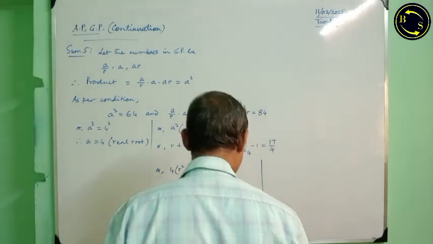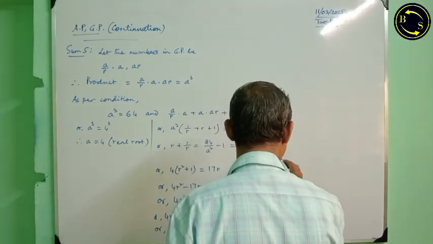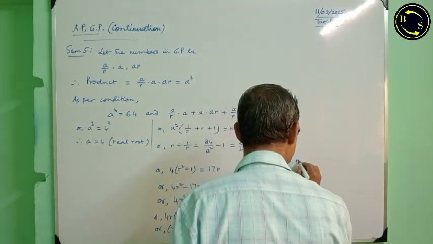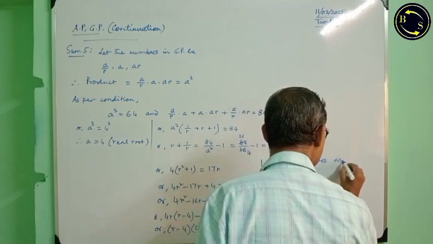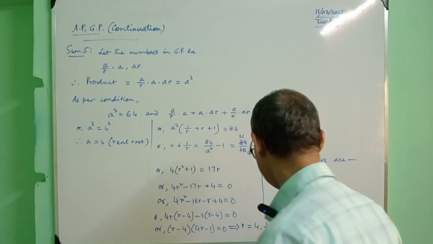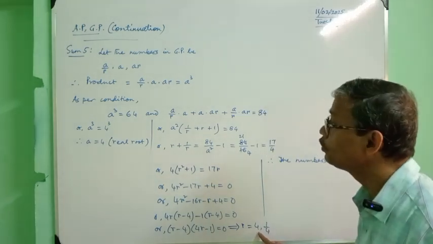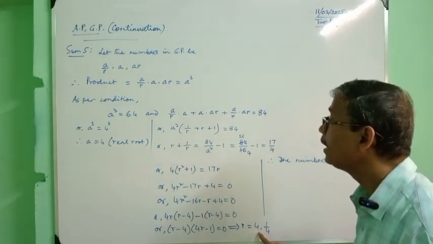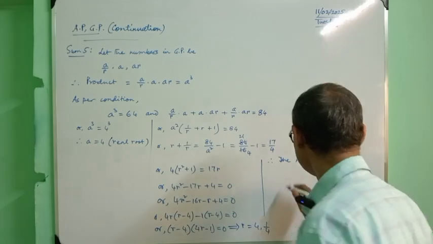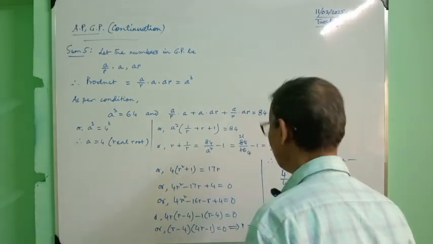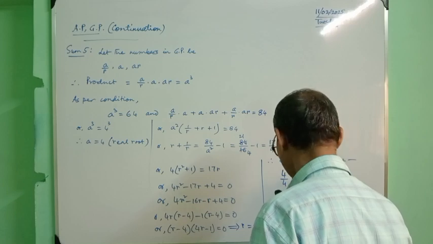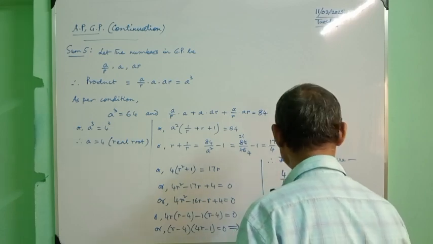I write here. Therefore the numbers are, first I take r equal to 4, then A by R, that means 4 by 4, 4, 16.